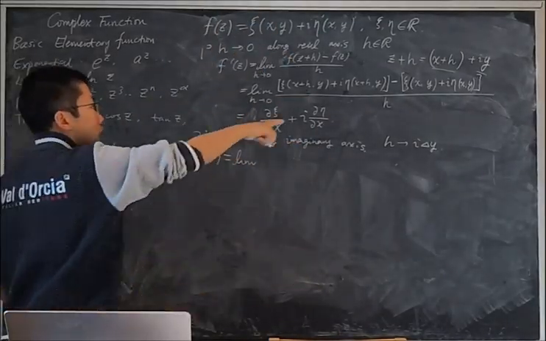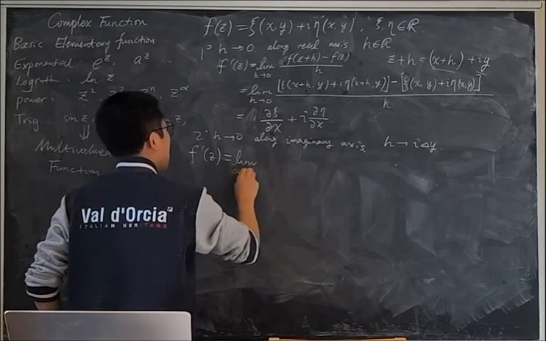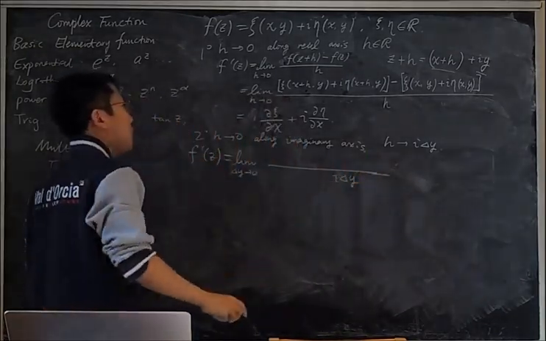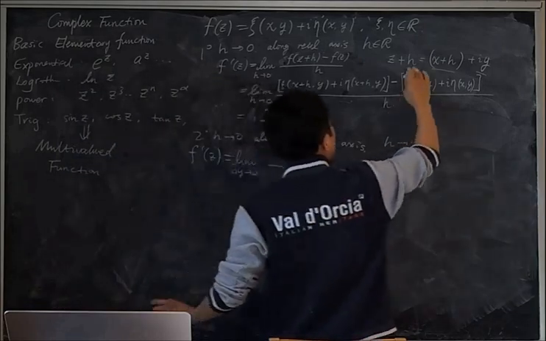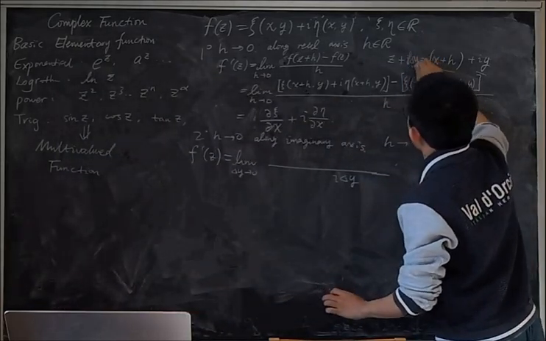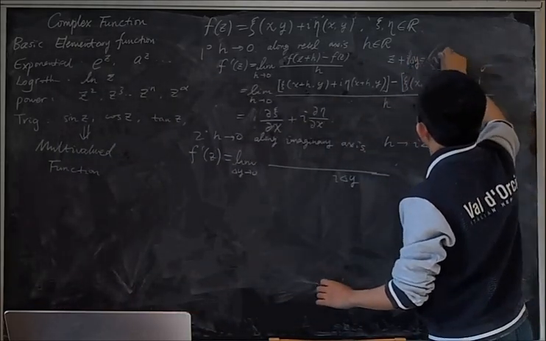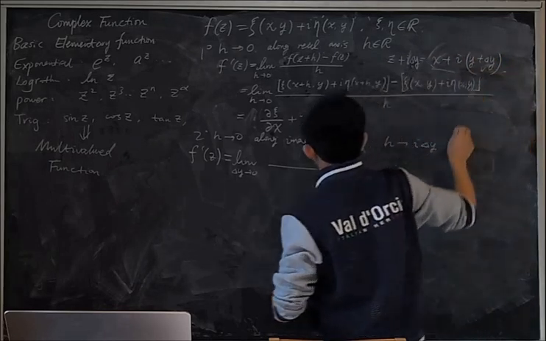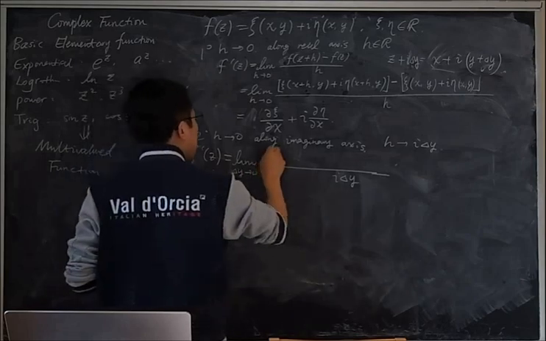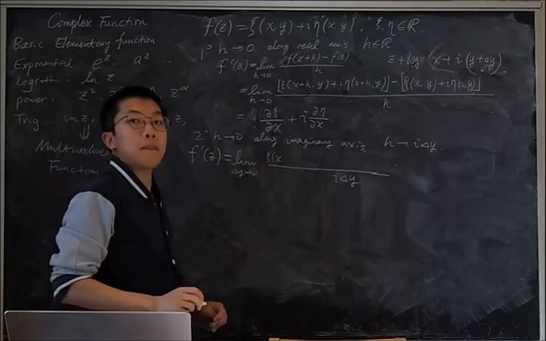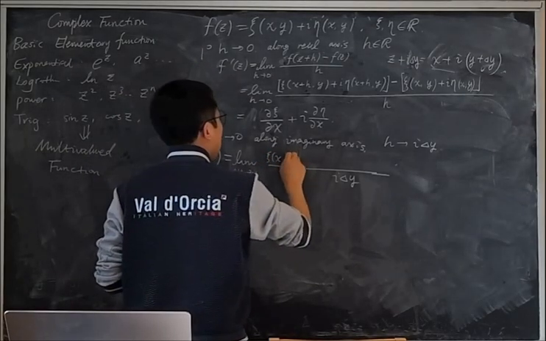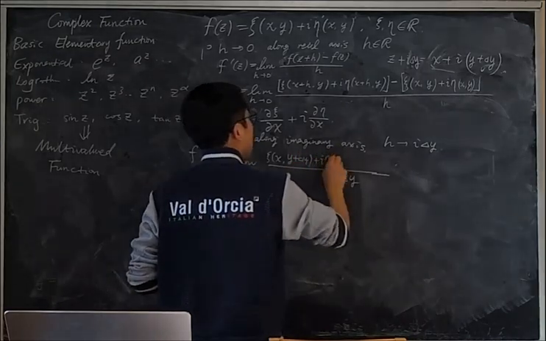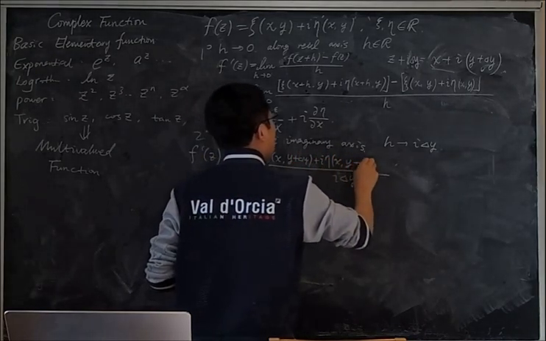And in that case, on the bottom, it is just when delta y goes to 0, on the bottom, I delta y. And on the top, because this time your h becomes I delta y, right? So I rewrite it as x plus I times y plus delta y. So literally the top becomes x stays the same, but y changes from y to y plus delta y, right? Plus I times eta of x and y plus delta y.